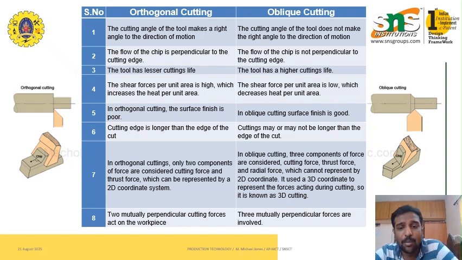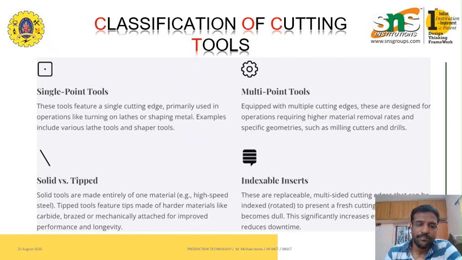When compared to oblique cutting, if the same tool, the same material and the same workpiece are used in oblique cutting, it may go up to 120 or 150. So that is the amount of tool life. Then the shear forces acting per unit area is high. The surface finish, the cutting edge, and the cutting forces are the parameters compared here between orthogonal cutting and oblique cutting.